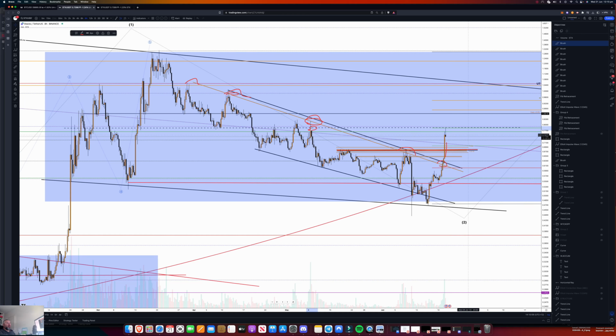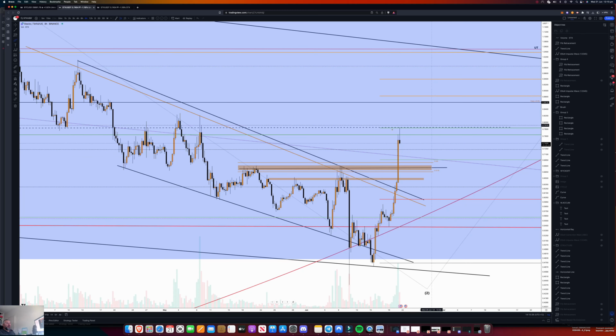So we'll probably get a pullback. How deep? Well, we didn't really bounce off this at all. We didn't backtest this. So it could likely come back that far. How much is that? Let's see.